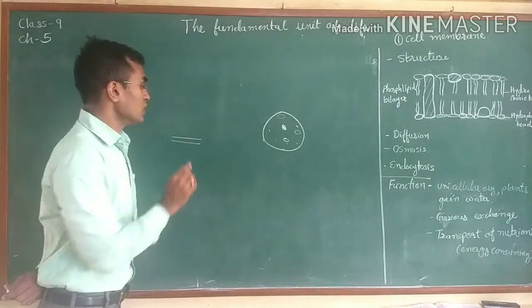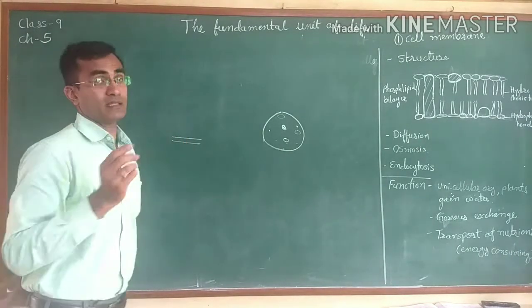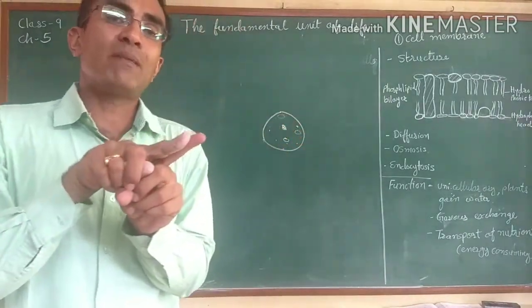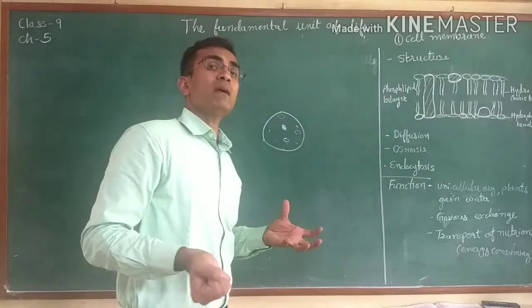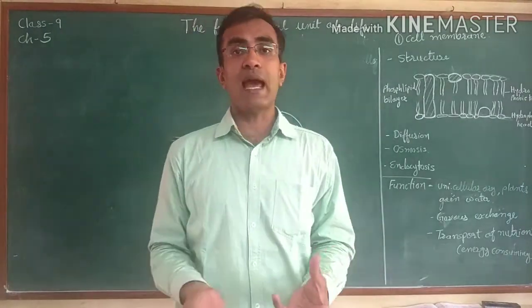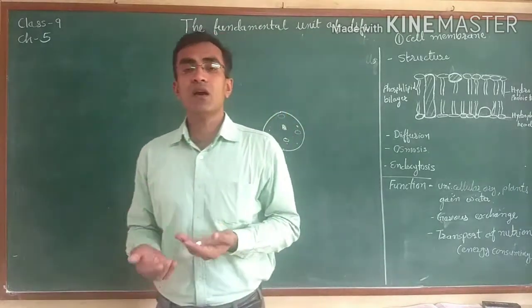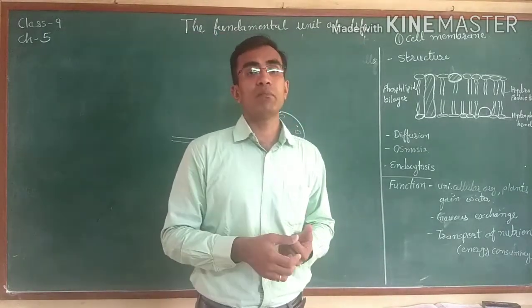Bi means two, so these are the two layers. The cell membrane is also termed a semi-permeable membrane. Either we can say cell membrane or semi-permeable membrane.